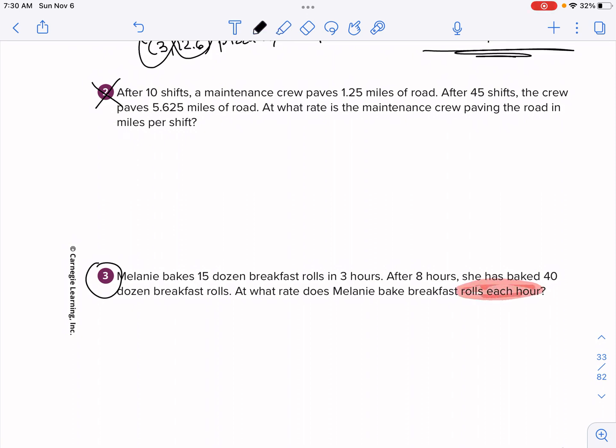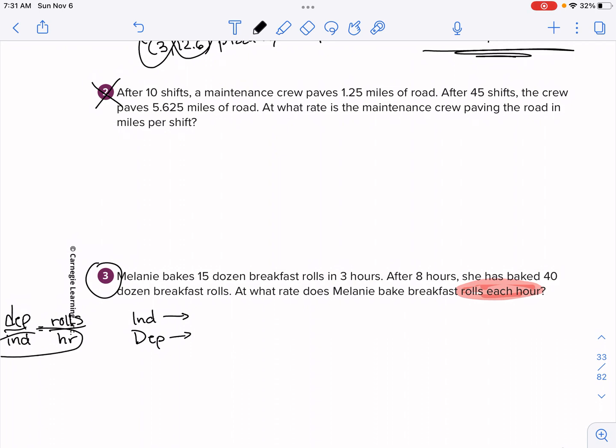Okay, let's write that out. So again, it's dependent over independent. And this is rolls per hour. Okay, now the first thing we have to do, right, we have to identify the independent dependent variable. We kind of already did that here, but let's write it out explicitly. Right, what is independent?